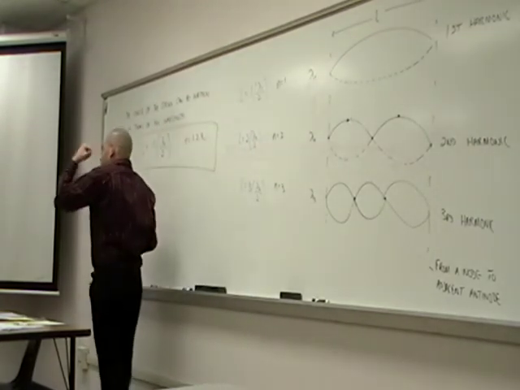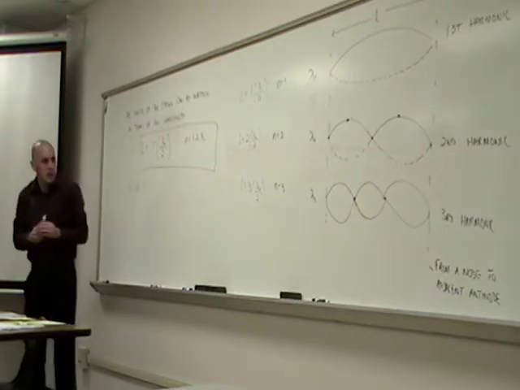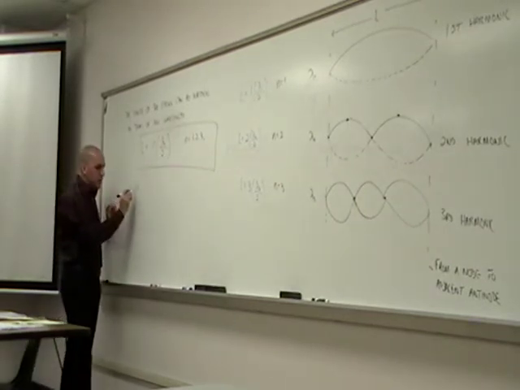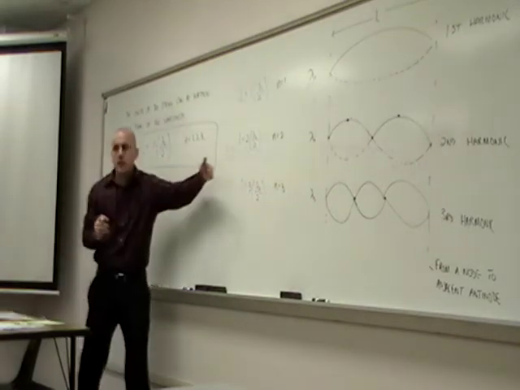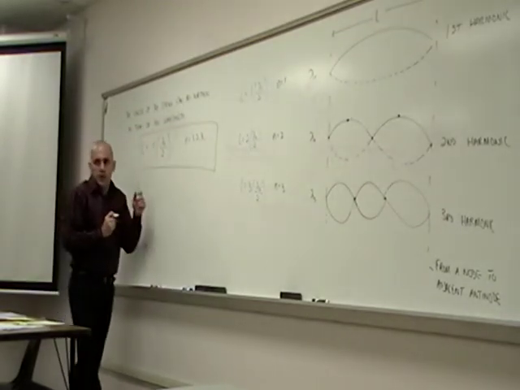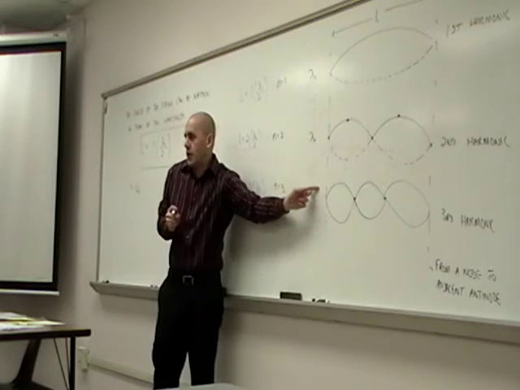You have to vibrate that string to get these standing wave patterns. Okay? We have a frequency of oscillations, we have a wavelength. We can write this as lambda n and fn when we're talking about these standing waves, because we're going to have different frequencies and different wavelengths for all of these different standing waves.